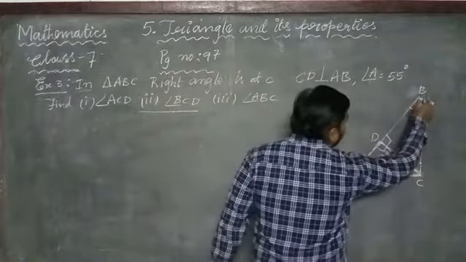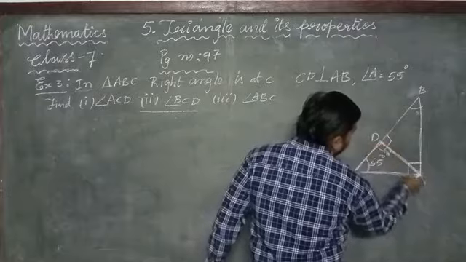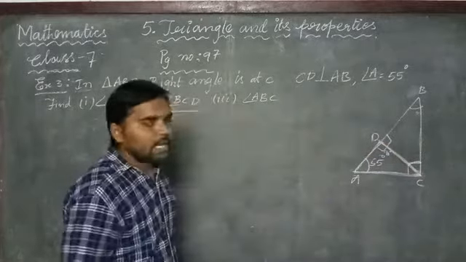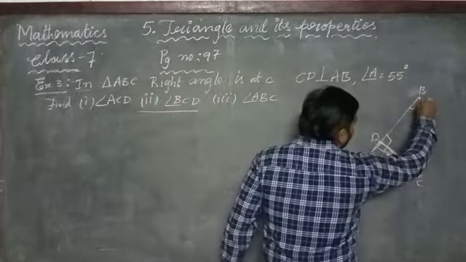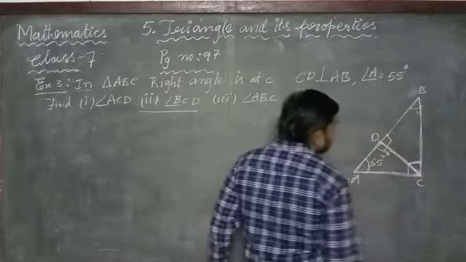Here, if you see angle BCD, this angle we have to find. The angle at C between B and D we have to find.